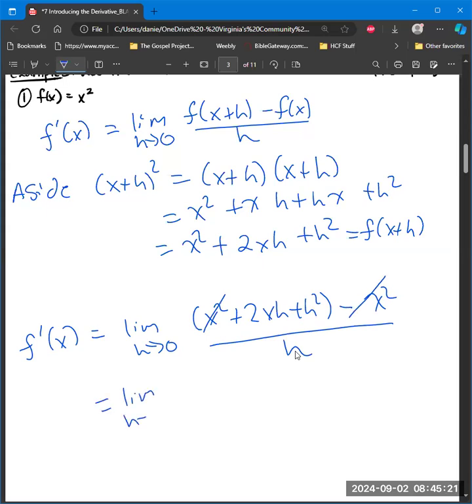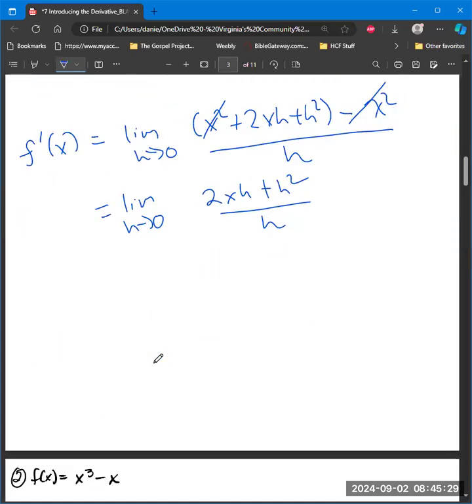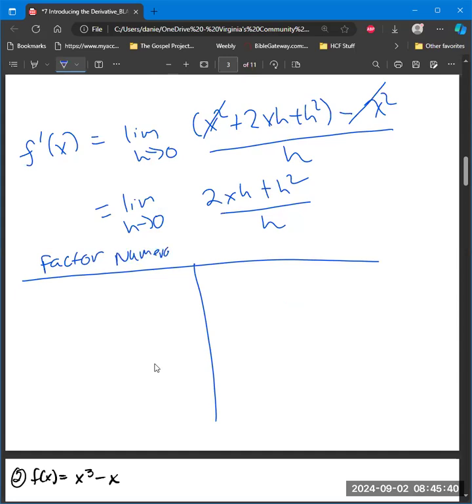This is the limit as h goes to 0 of 2xh plus h squared over h. I'm going to factor the numerator. You could also split it up. I'll show you both ways here. Factor the numerator or split fractions.